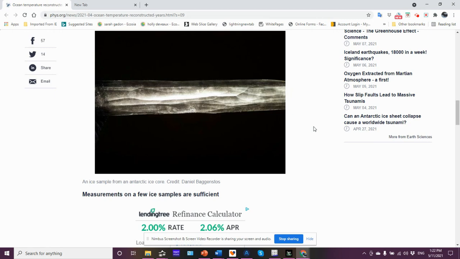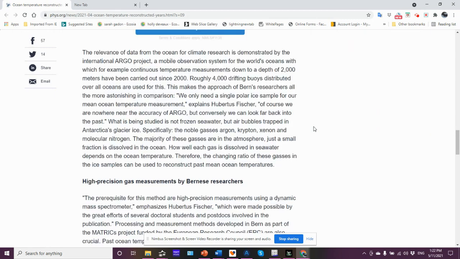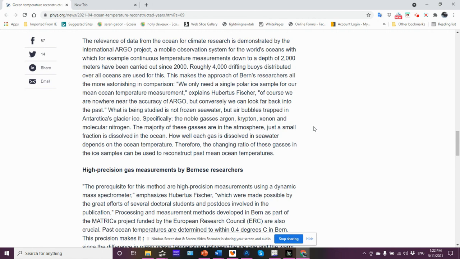Here's a picture of an ice core from Antarctica. The relevance of data from the ocean for climate research is demonstrated by the International Argo Project. This is a mobile observation system for the world's oceans, from which, for example, continuous temperature measurements down to a depth of 2,000 meters have been carried out since 2000.